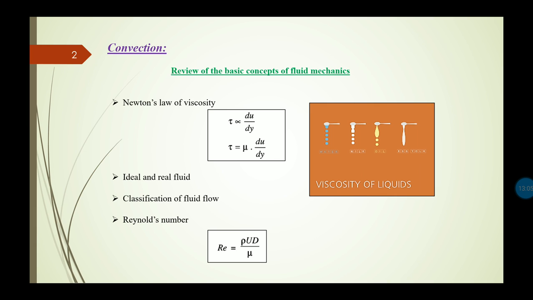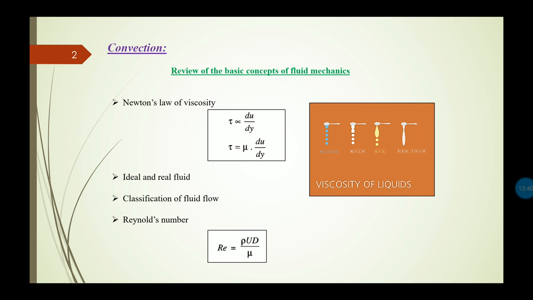So these are different classifications of fluid flow. Let us discuss in brief some of them, like steady and unsteady flow. When the fluid properties do not change with respect to time, it is known as steady flow. And when the fluid properties like velocity and pressure vary with respect to time, it is known as unsteady flow.